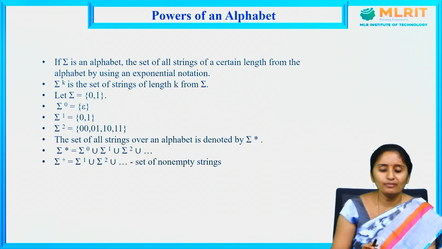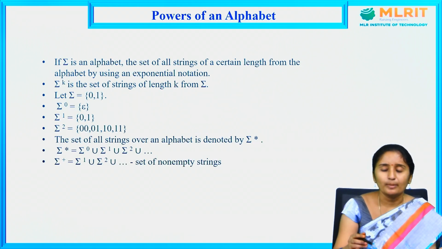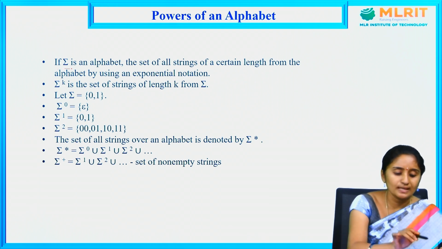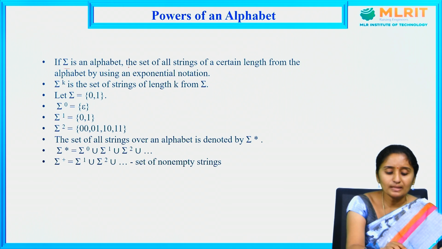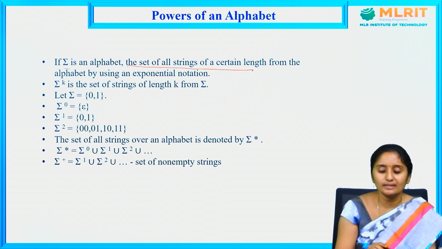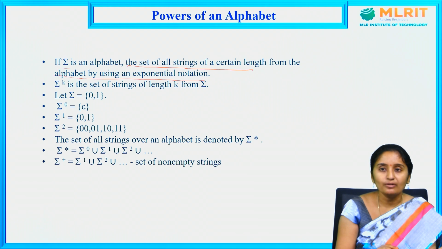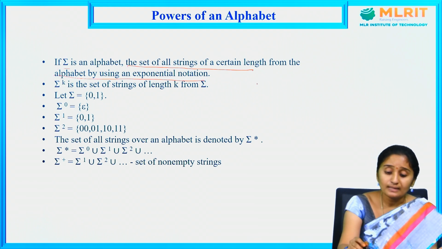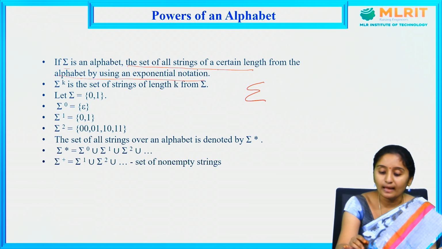The next one is powers of an alphabet. What are powers of an alphabet? An alphabet is represented with sigma. It is the set of all strings of a certain length from the alphabet, written using exponential notation. Sigma represents the alphabet, and we write an exponent that represents the length of the strings.